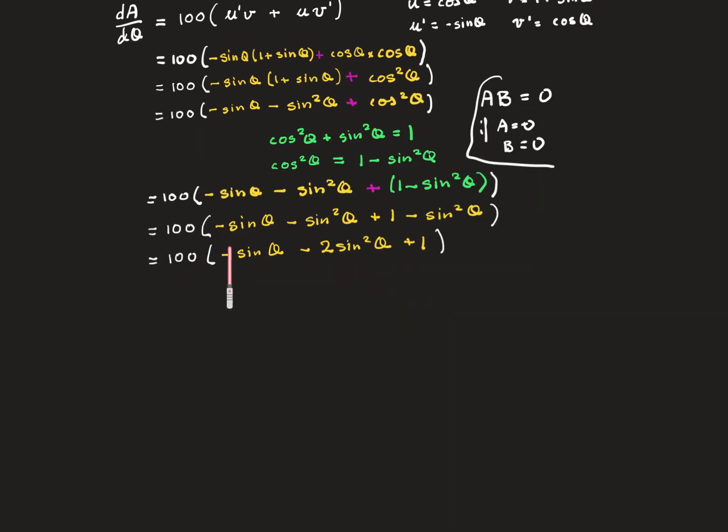I have a minus sign here and a minus sign here, too many minus signs. I'm going to take it out. This reminds me of a quadratic. Have a look at this. If I wrote down 2x squared plus x minus 1.